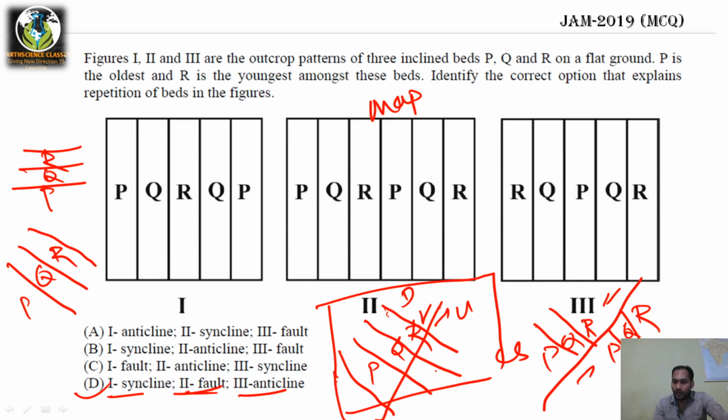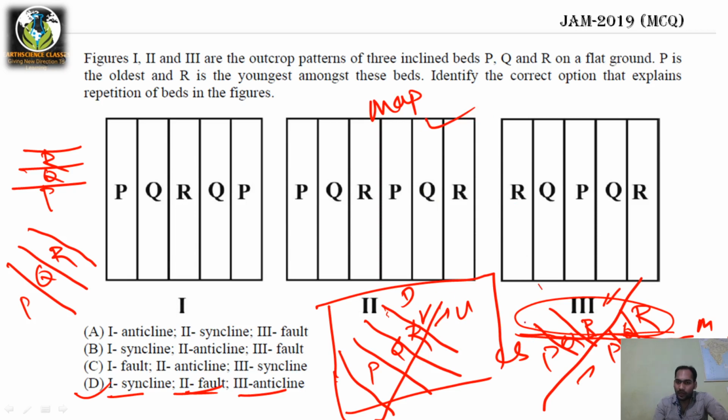Now I am passing a horizontal plane here. The part above will be eroded. This is my surface. Now if I see it from the top, it will become the map.